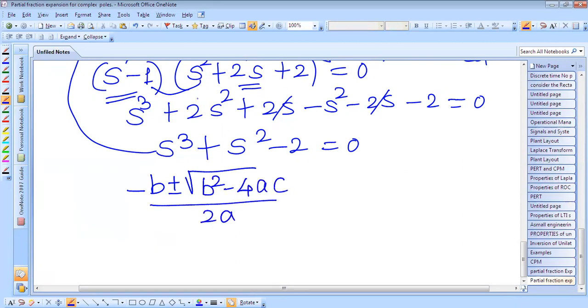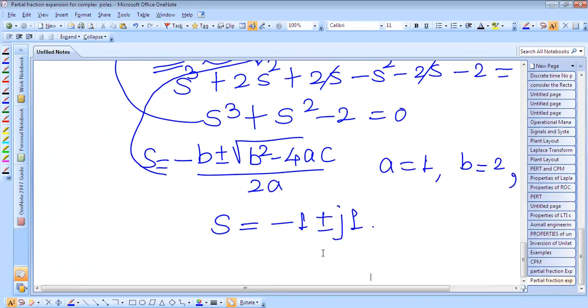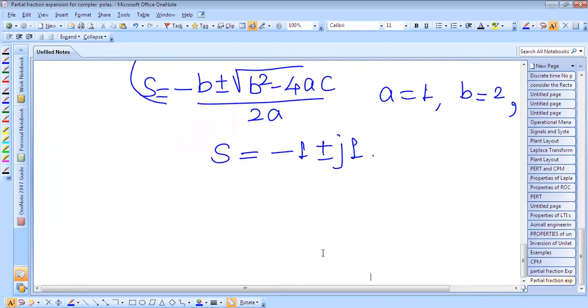If you substitute the values from this equation, here a is equal to 1, b is equal to 2, and c is equal to 2, we will get the poles minus 1 plus or minus j1. So these are the complex conjugate poles.